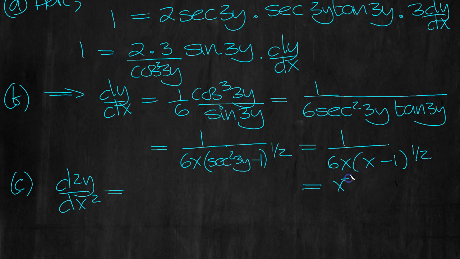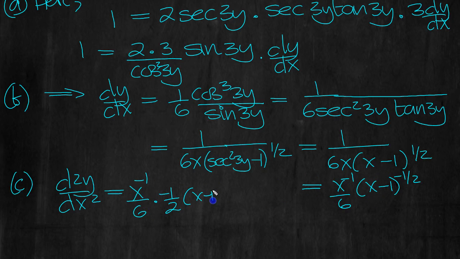x to the minus 1 over 6 times x minus 1 to the minus a half. So differentiate, you get u times dv, minus 1 half, x minus 1 to the minus 3 over 2 multiplied by the something differentiated, which is 1.